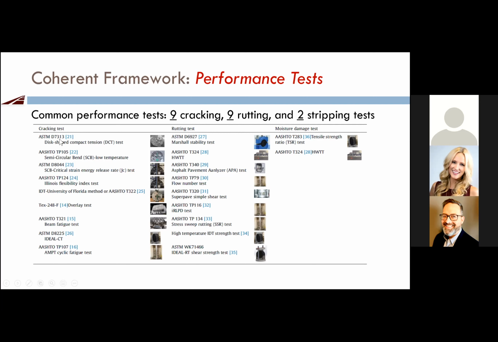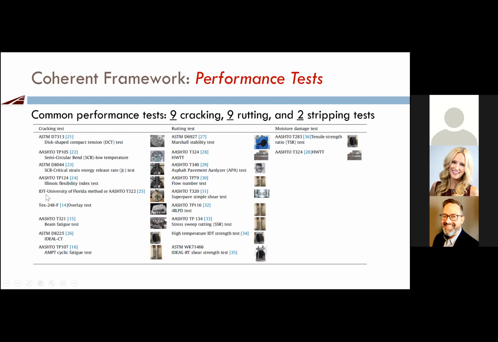The first test is ASTM D7313, that's the DCT test. The second one is the SCB low temperature, it's AASHTO TP 105. The third one is ASTM D8044, that's SCB-JC. The fourth one is AASHTO TP 124, the Illinois Flexibility Index.